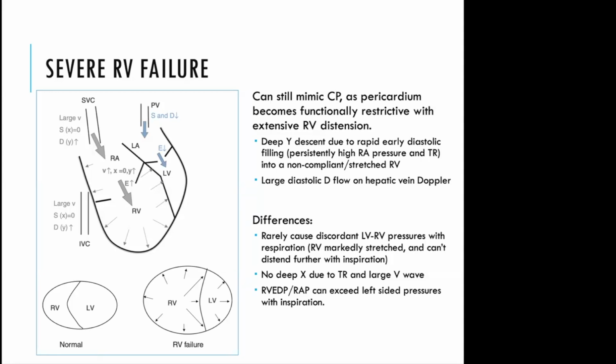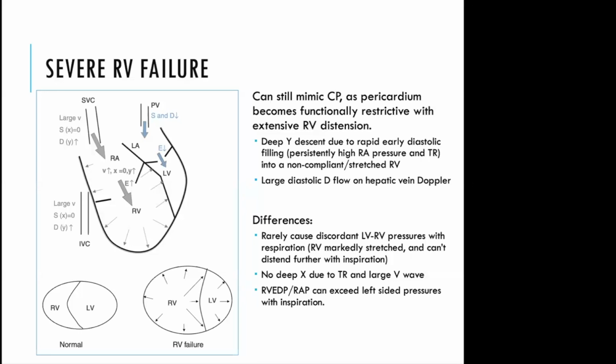Because of this, we can get a very deep, wide descent due to this rapid early diastolic filling. And this is because you have persistently high right atrial pressures and tricuspid regurgitation. And again, all this filling is occurring in a fairly non-compliant and stretched right ventricle.